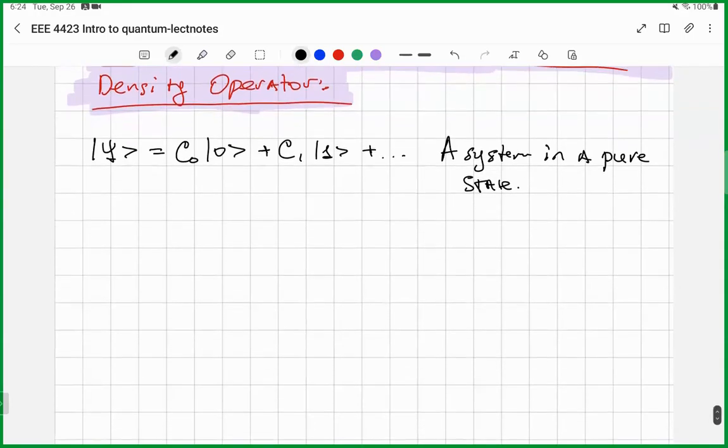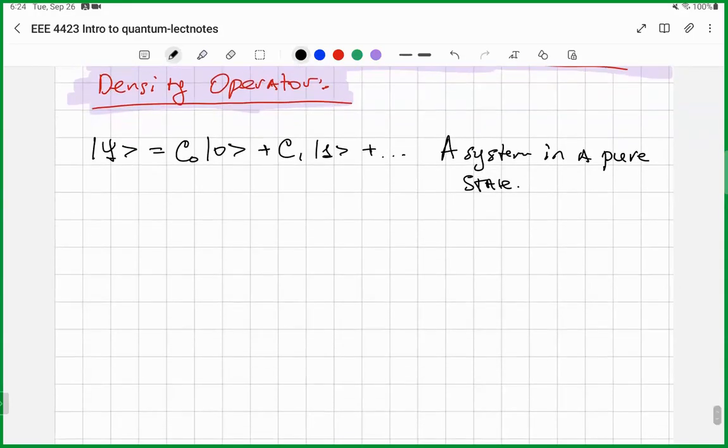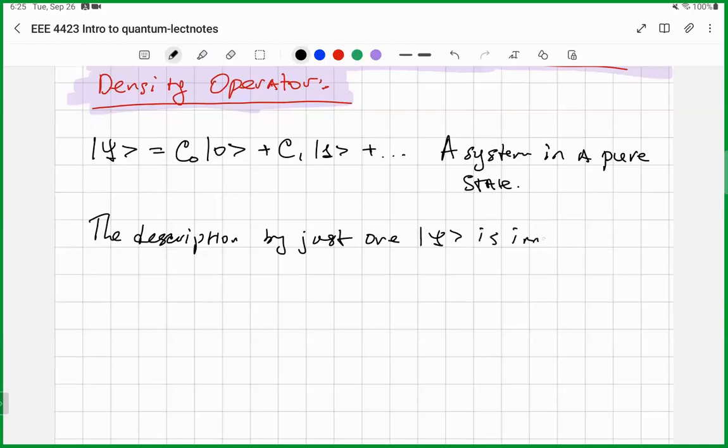Okay, so for example, let us write down: however, the description by just one psi is impossible in a number of important cases.